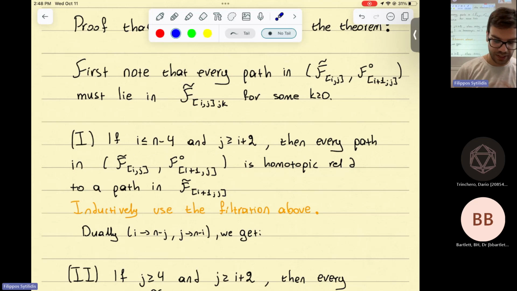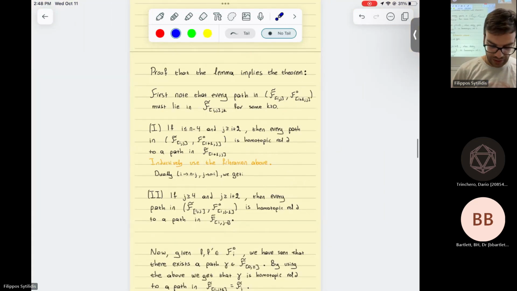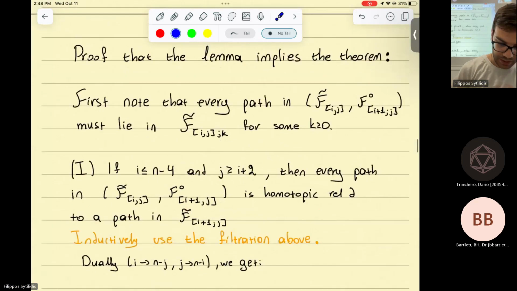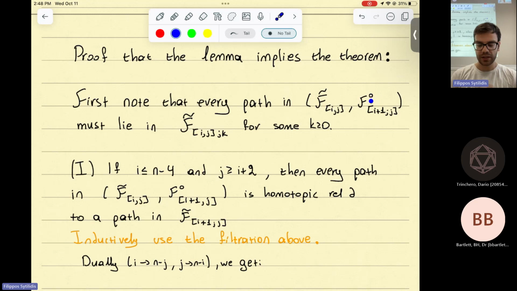Okay, first of all, some things to note: if you give me any path here, so this is a path which starts and ends in F_{i+1,j}, with no index i critical points at the endpoints, but the path itself might live in F_{i,j}.